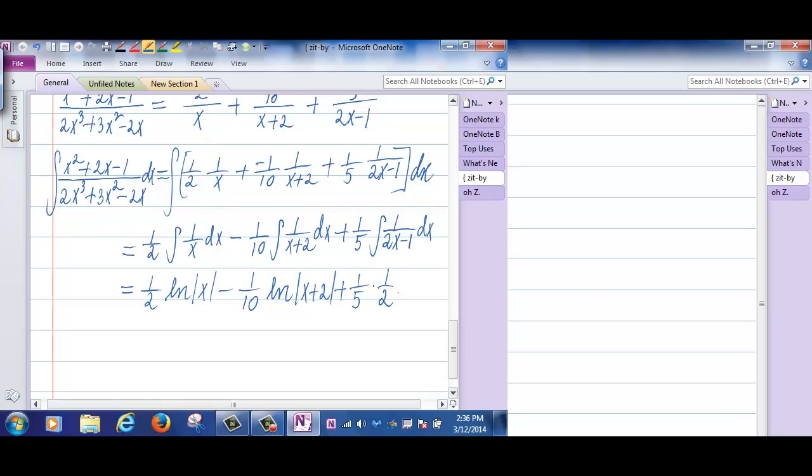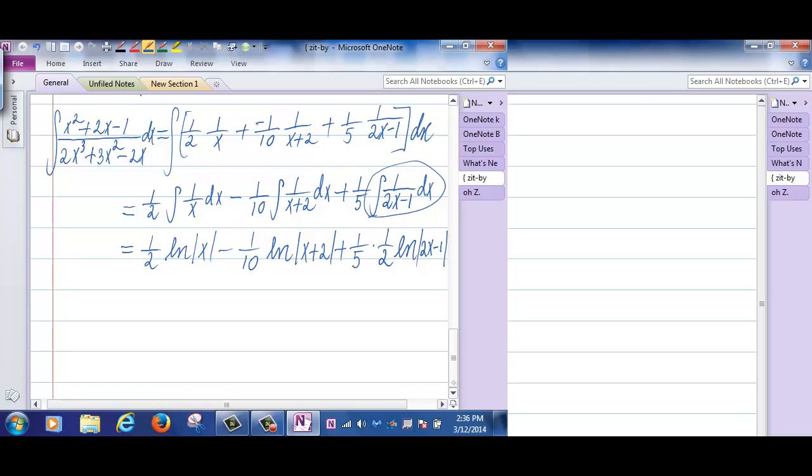There is a 1/2. Be sure that you realize why that's the case. If you are not sure how you get that half for this integral, just do a u substitution by taking u to be 2x minus 1. You'll see that you get half ln of absolute value of 2x minus 1. Everybody's okay with that?